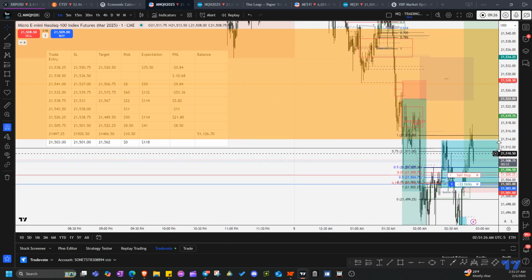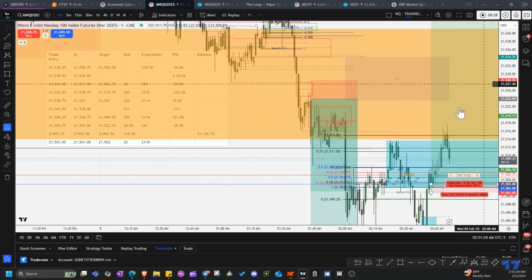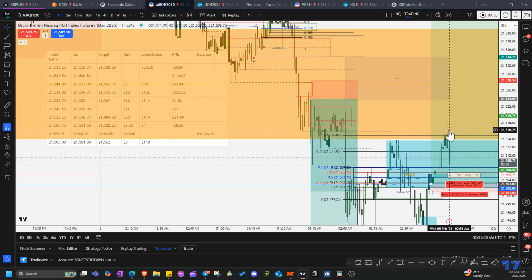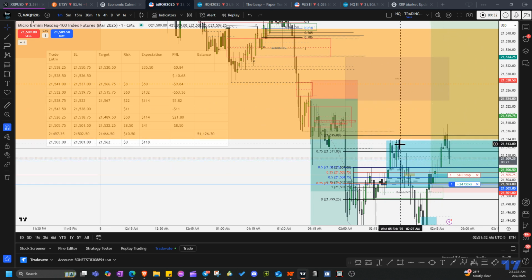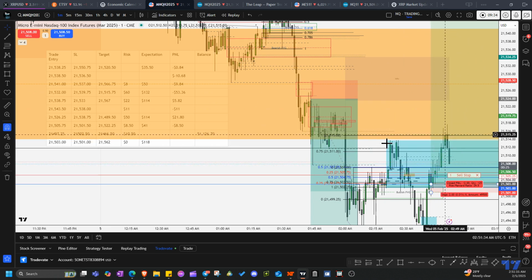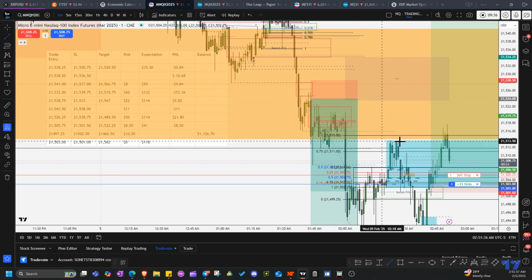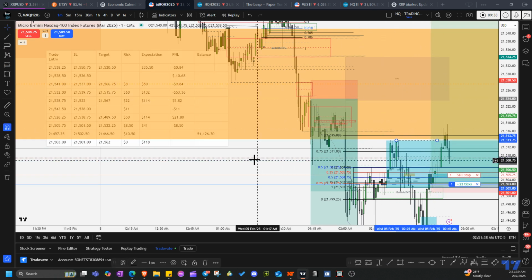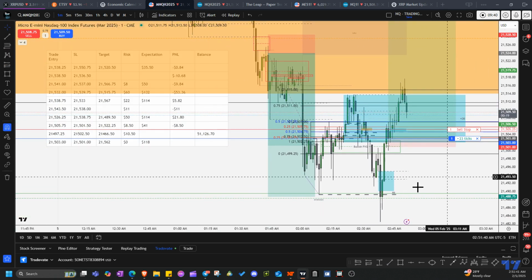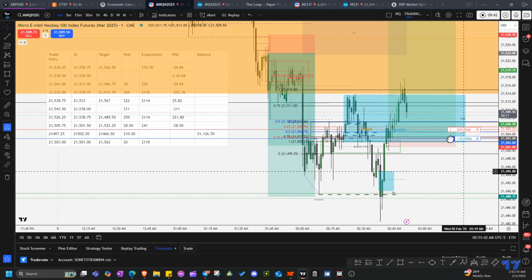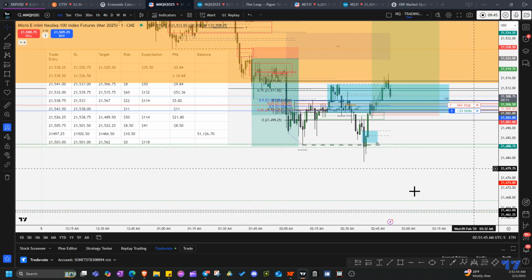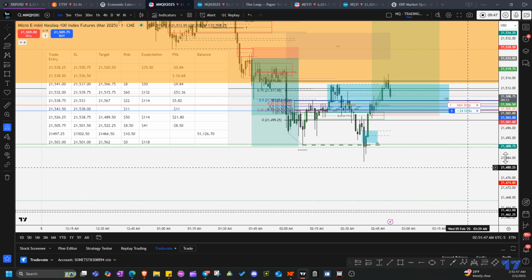Let's see if it finds support or if it's gonna stop us out. This is also that inverse fair value gap. It could have been that we came, took that liquidity, and now price wants to go lower for sell side here, and even the 50%.